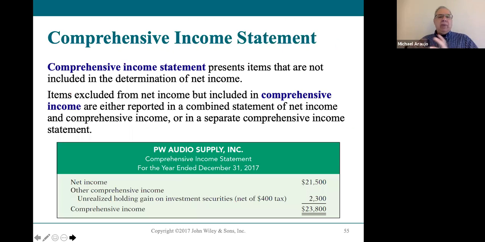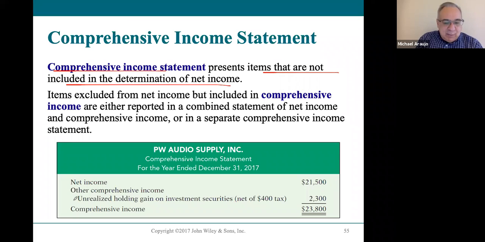Okay, so that is a very important concept that you'll be studying a lot. Then they're talking about something called a comprehensive income statement. Comprehensive income is really about items that are not normally included when we determine net income.